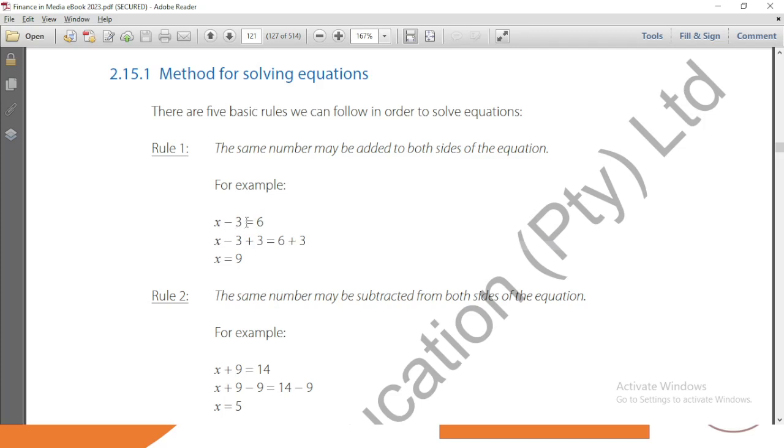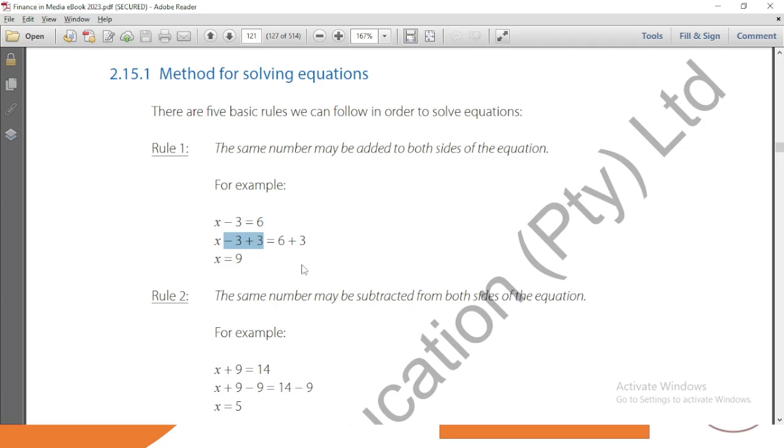To do that, since we have minus 3 on the left side and we're trying to remove this minus 3 from this side to the right side, we're going to add plus 3 on both sides. So on this side we're going to have minus 3 plus 3, which equals 0. And on the other side we're going to have 6 plus 3, meaning that the 3 has now been transferred to the other side.